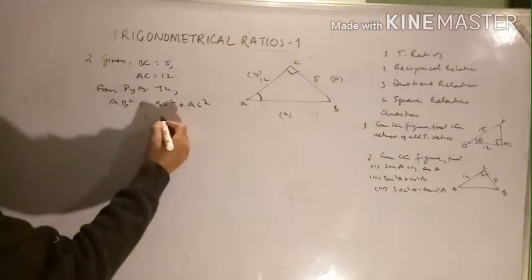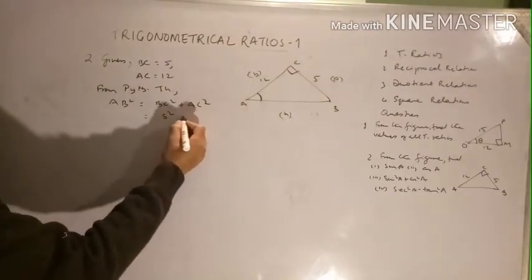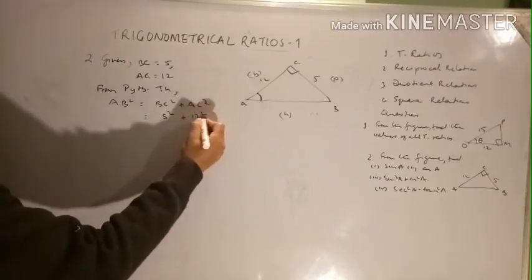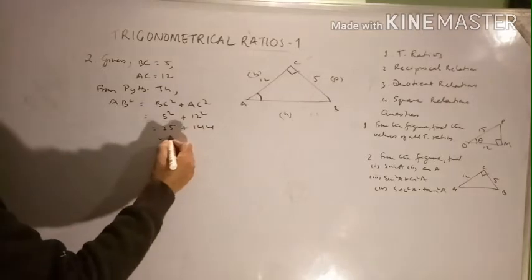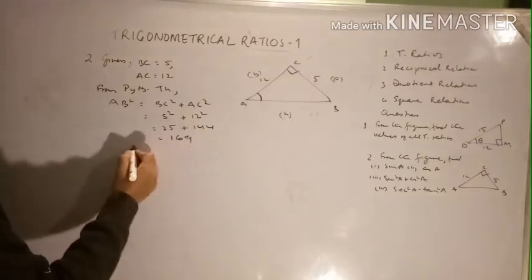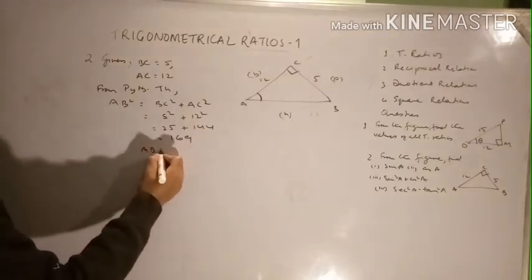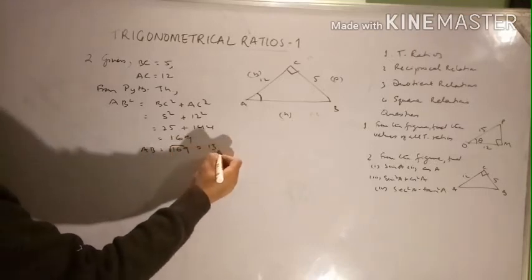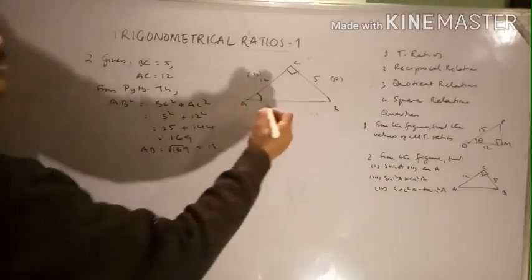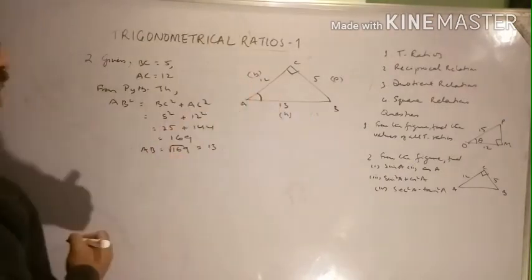BC is 5, so 5 square, and AC is 12, so 12 square. So 25 plus 144, that is 169. Therefore AB is equal to root over 169, that is 13 units. Okay, so we found all three sides.